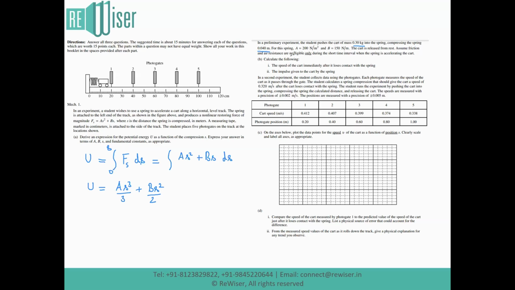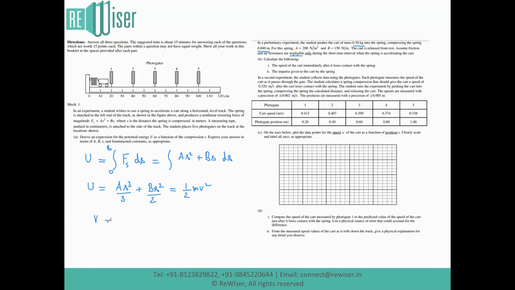Assume friction is negligible, which means there is no loss of energy. That means the potential energy stored in the spring is converted into kinetic energy, half m v squared. The substitutions are m is 0.3, s is 0.04, a is 200, b is 150.